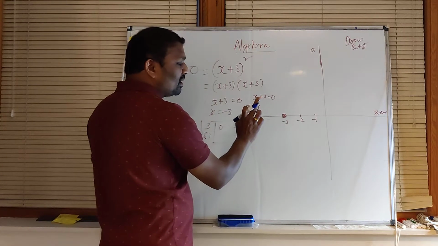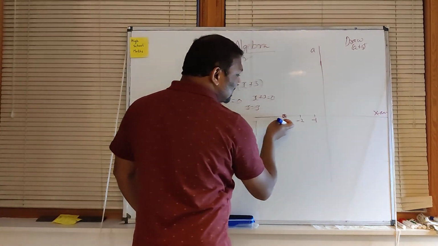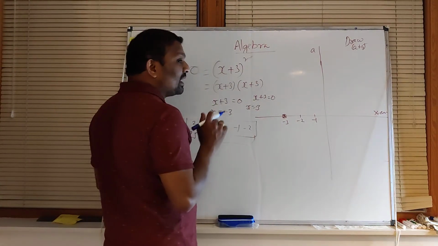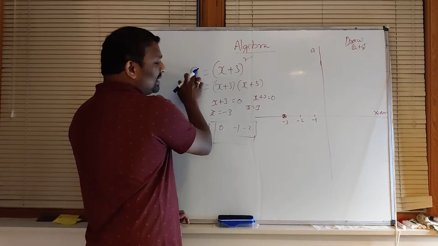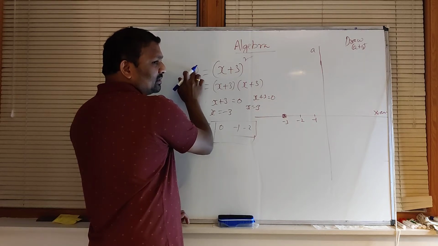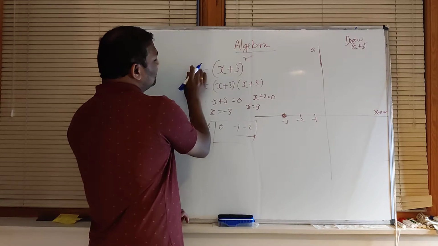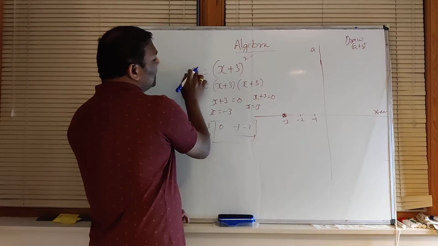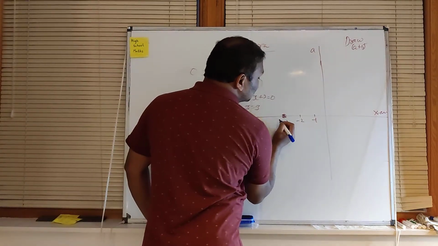Because on the x-axis the y value will be 0. That is why I equated y to 0. Instead of y I put a 0. I equated y to 0, thereby I will get to know where it is cutting the x-axis.